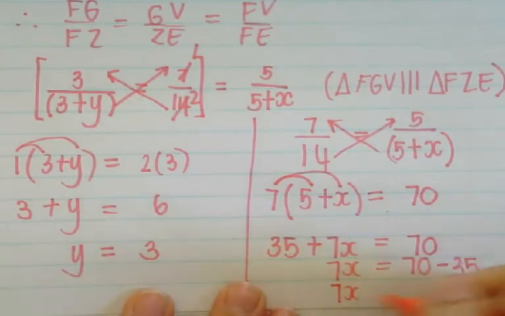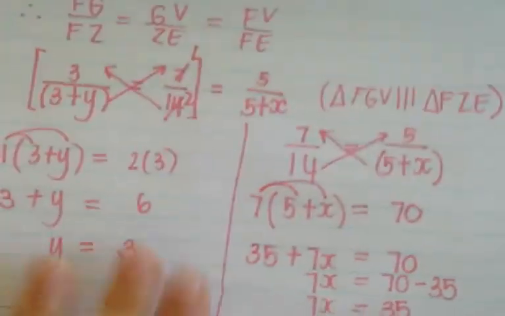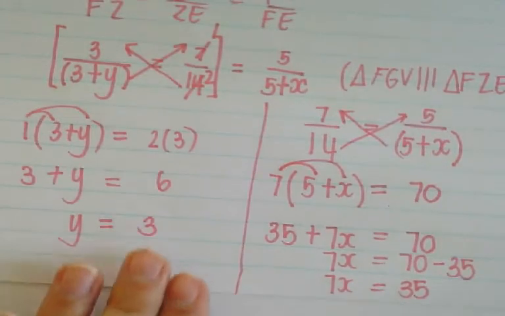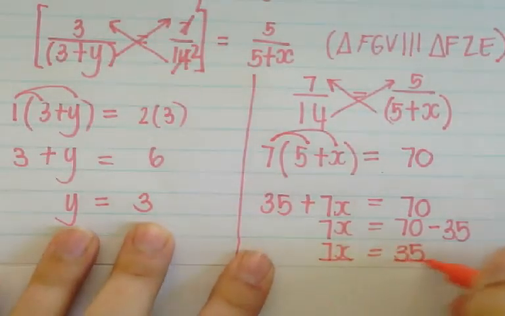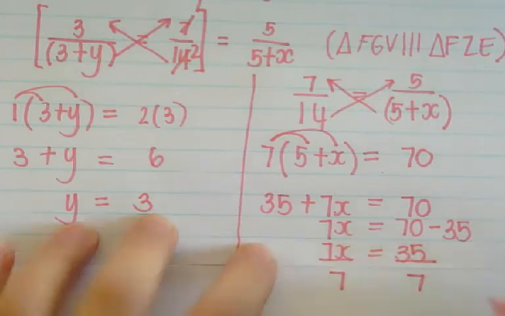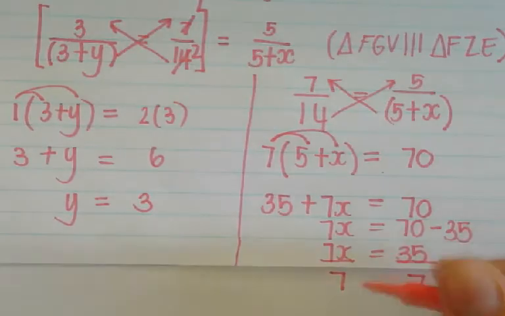Seven x will be equal to 35, and now I need to divide both sides by 7. 35 divided by 7 is equal to 5.